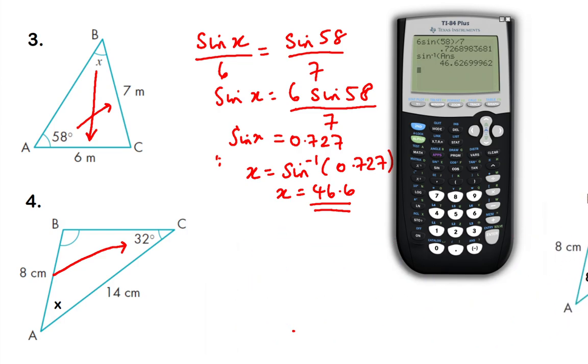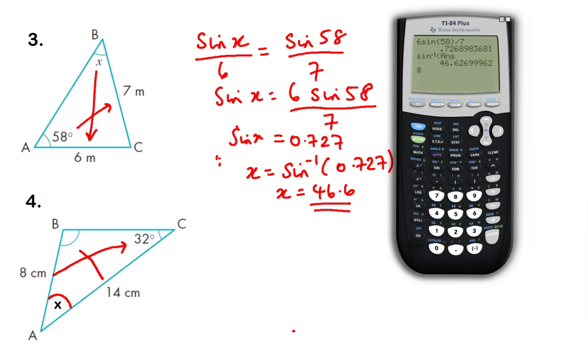So just get rid of that. Okay, so this question. Now we do have this condition, so we know we can use the sine rule. But we have a slight issue that we don't know. We're trying to find this angle x, but we don't know its opposite length. Okay, but what we do have is the 14.